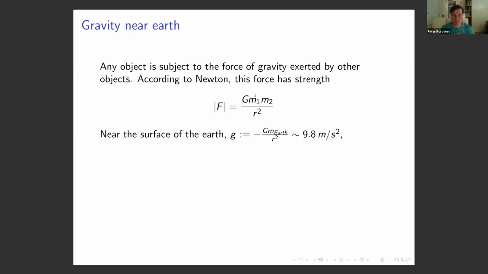So if we have two masses, m1 and m2, separated by distance r from each other, this is the magnitude of the force, and we know that it's an attractive force, so it acts towards the other body. Now, if one of the masses is Earth, near the Earth's surface, this coefficient here, without the minus sign, there's a typo, G times the mass of Earth divided by the Earth's radius squared, is about 9.8 meters per second squared in metric units, and in feet per second squared, it will be about 30.